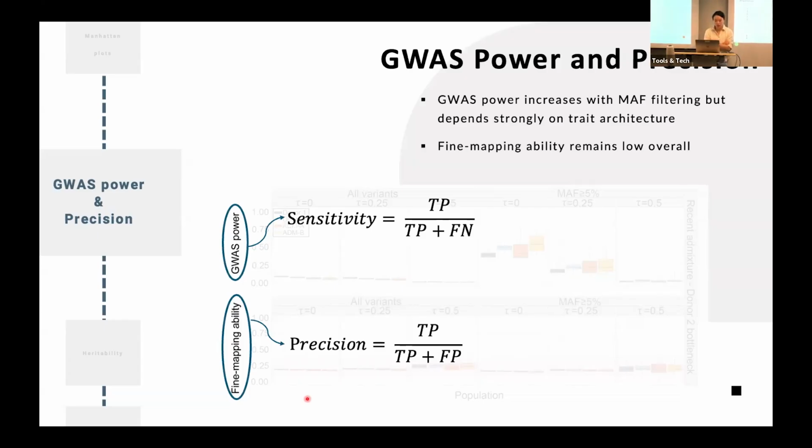For the GWAS power, we defined it as the sensitivity, which tells us how effective we are at identifying the true association signal, so do we have enough signal to detect the true causal mutation? As for fine-mapping ability, we defined it as the precision. This reflects how precisely we can pinpoint the true causal variant within the region where the signal was detected.